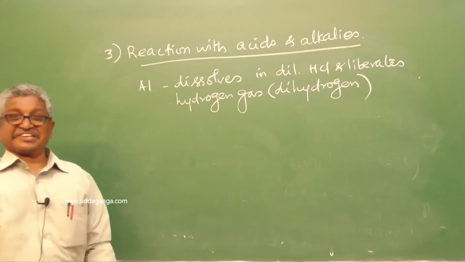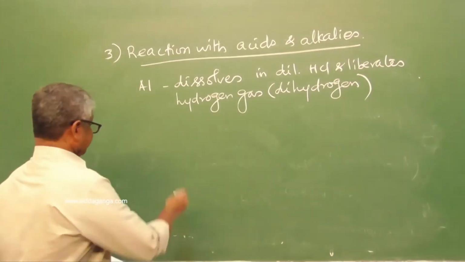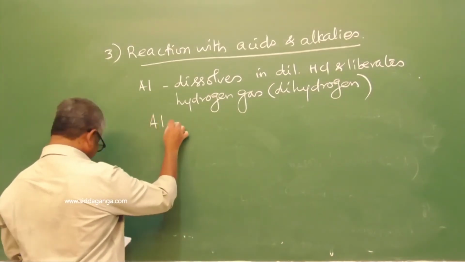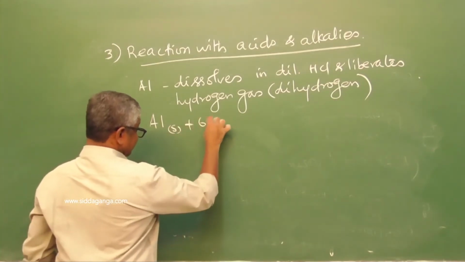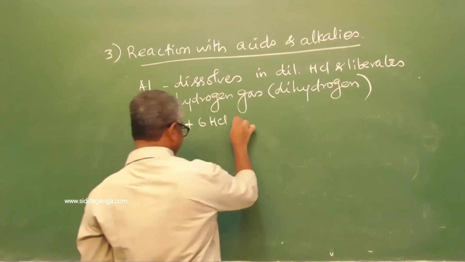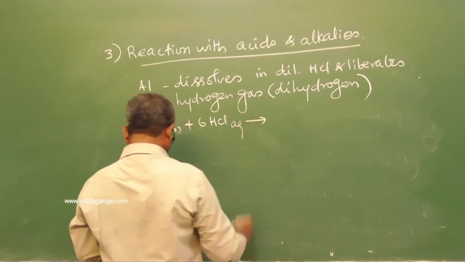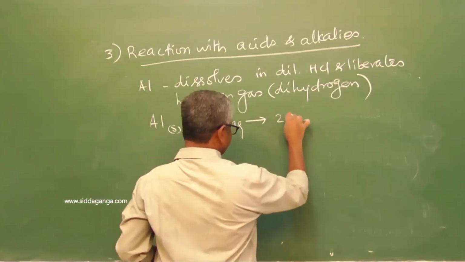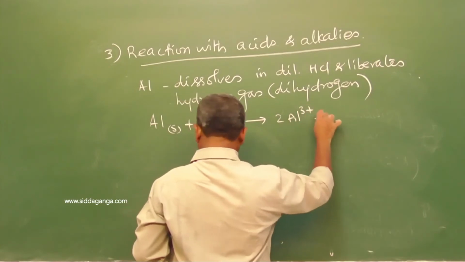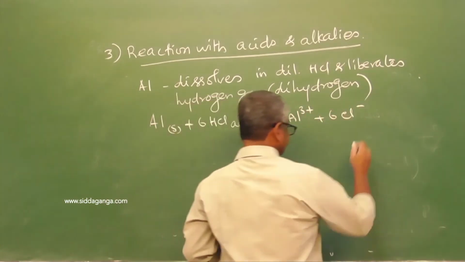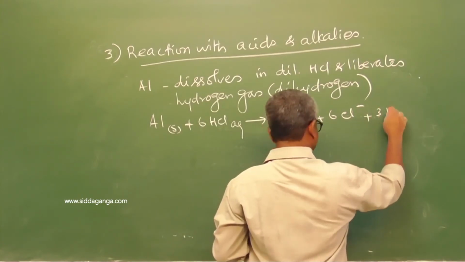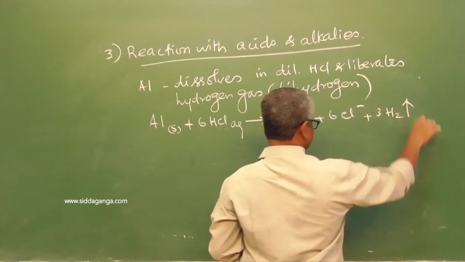The reaction is aluminium solid plus 6 molecules of aqueous HCl produces 2 Al3+ and 6 Cl- with the liberation of hydrogen gas.